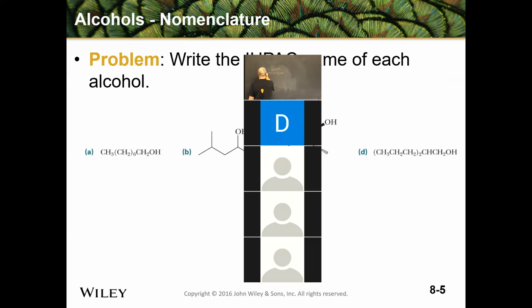The longest chain here, no matter which way we go, is 1, 2, 3, 4, 5. The alcohol takes priority, so this is pentanol. 1-pentanol. You have to have a 1, and it would be 2-propyl. 2-propyl-1-pentanol.